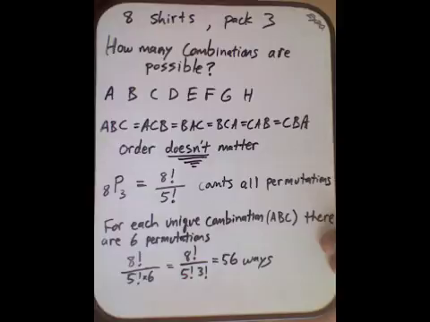So the way to calculate combinations isn't just 8 factorial over 5 factorial, it's 8 factorial over 5 factorial and then over 3 factorial. That comes out to be 56 different ways. So the number of combinations is less than the number of permutations. It's 6 times less, because for each combination, say E, F, and G, there are going to be 6 permutations that really don't matter to us if all we care about is whether we have shirts E, F, and G.